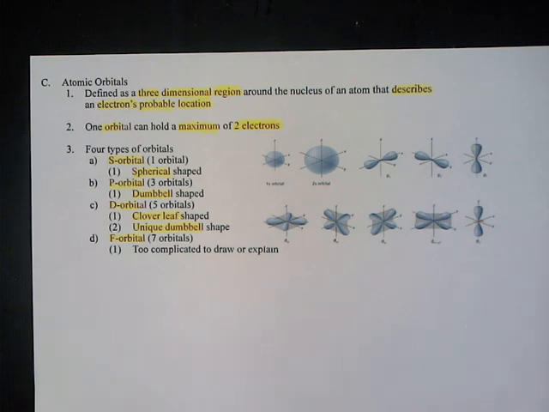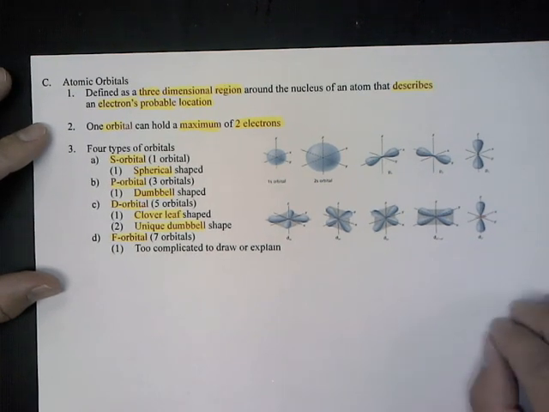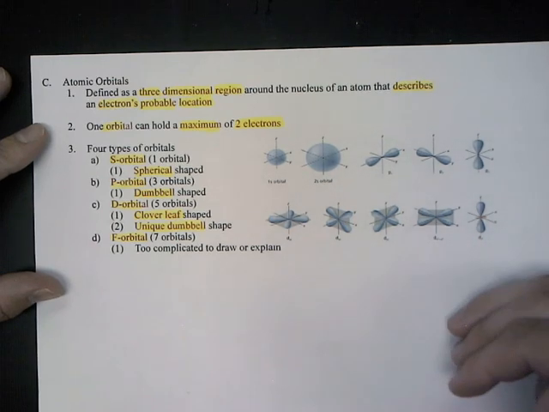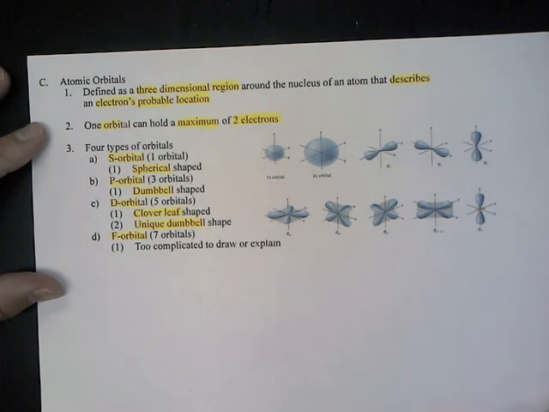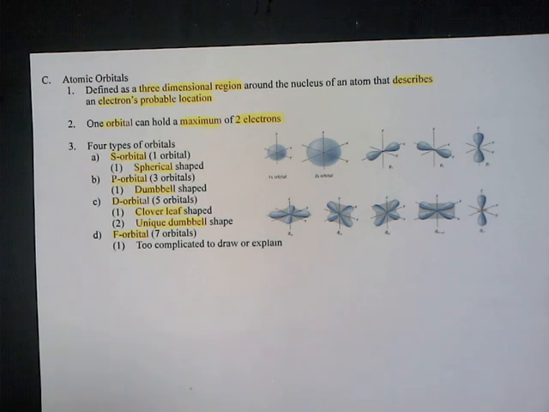So again, backtracking here, we can specify the energy level of the electron, which is like the floor of a hotel room. Then we can get into the sublevels, which is a specific region on that floor. And then we have these shapes to even more hone in on where that electron can be.